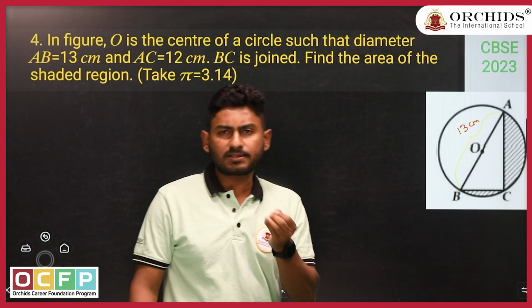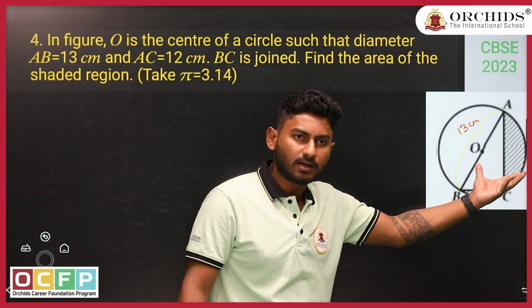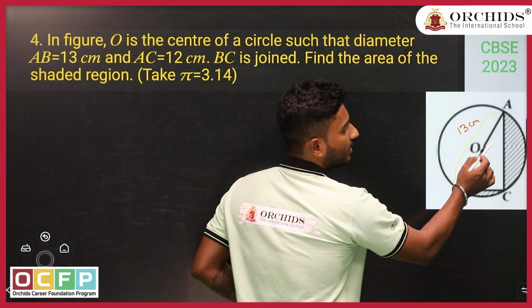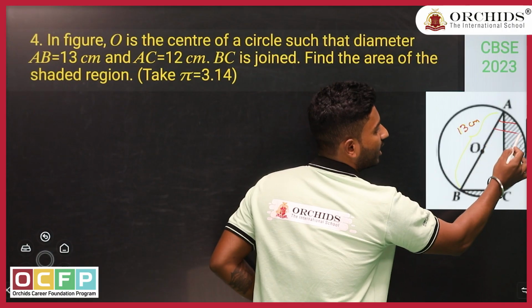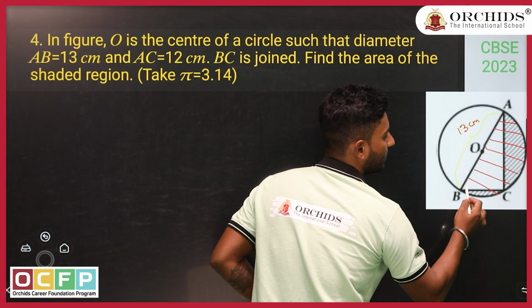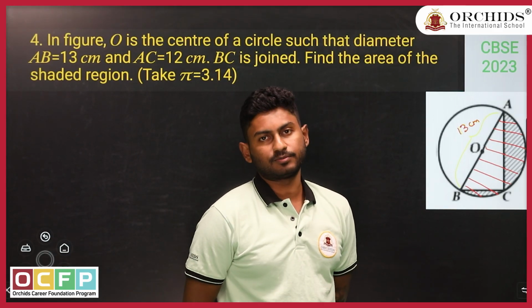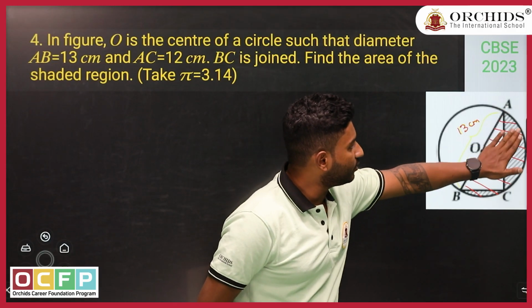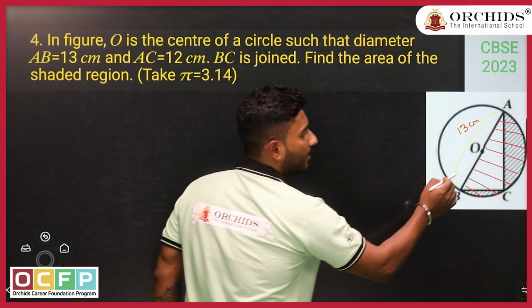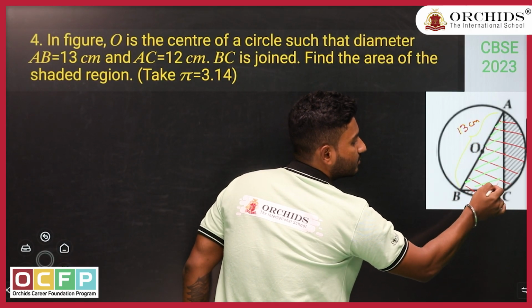You just have to apply some common sense on how to find the area of these complex shapes. Now, if you see, I can easily find the area of the whole semicircle. Semicircle area is pi r square by 2, correct? Now, if I find this area, after that we subtract the area of this triangle.